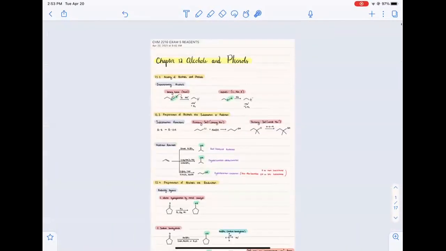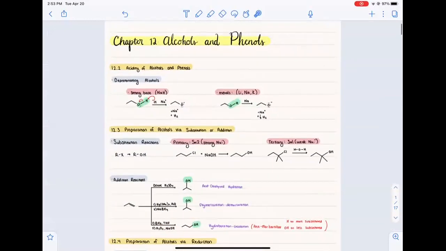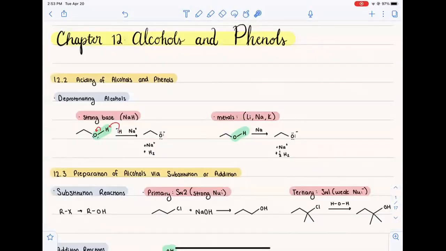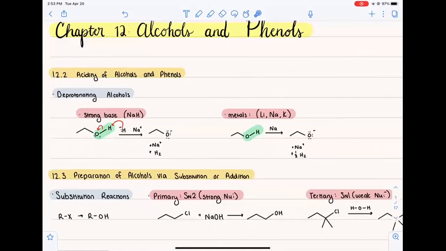So yes, moving on. Now this is exactly where we were before pretty much, but we have deprotonating alcohols, which we didn't really look at earlier, but we have a couple ways to deprotonate alcohol, which is what we were talking about earlier with acidities.